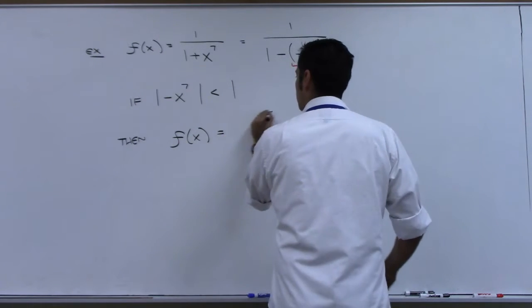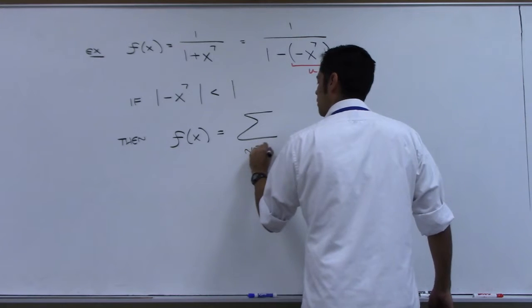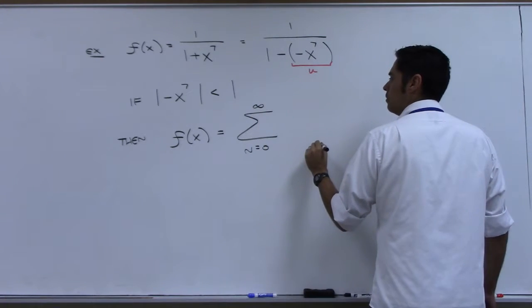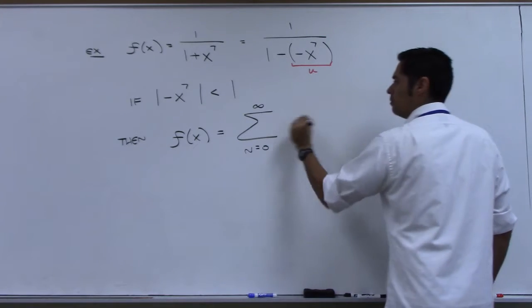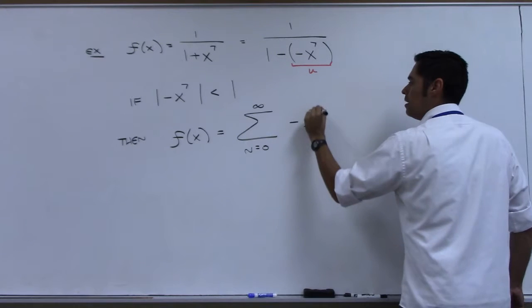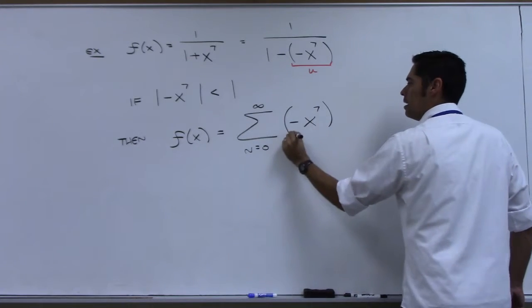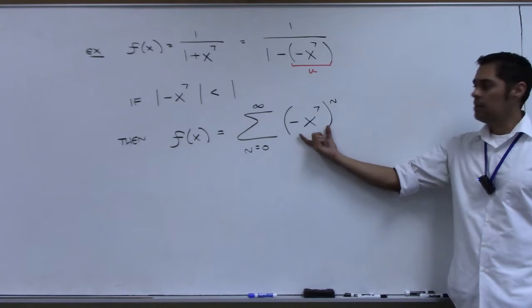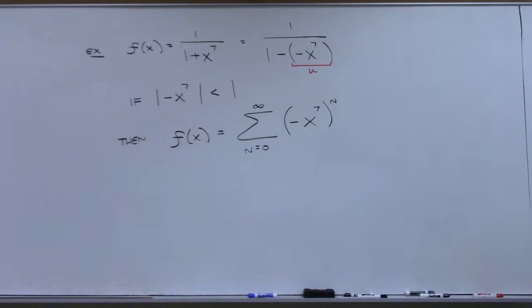And the power series will be the sum n equals 0 to infinity of negative x to the 7th raised to the n. And be careful because the negative has to be in there, just like it was with the negative 1/5 earlier.